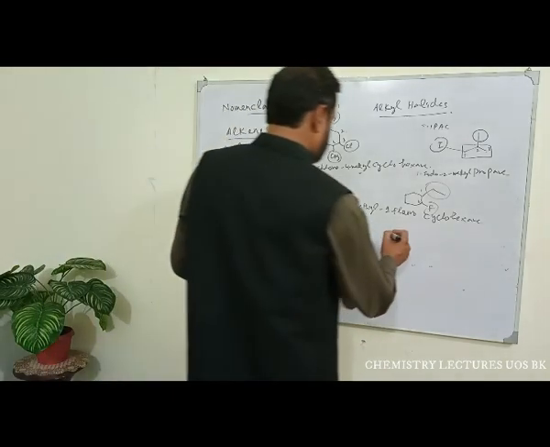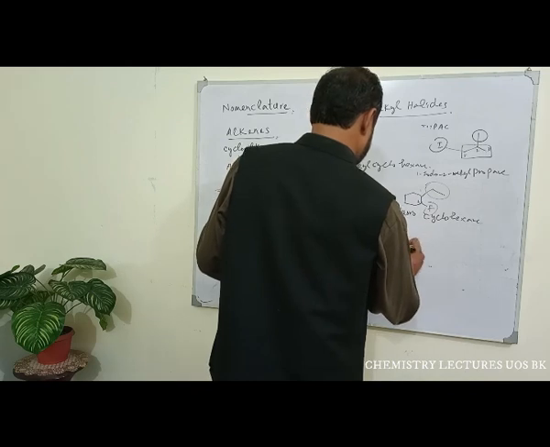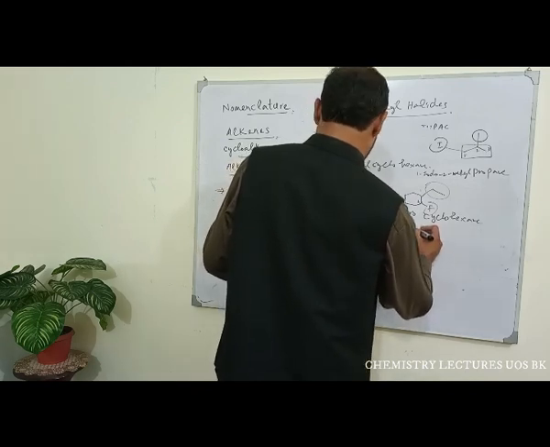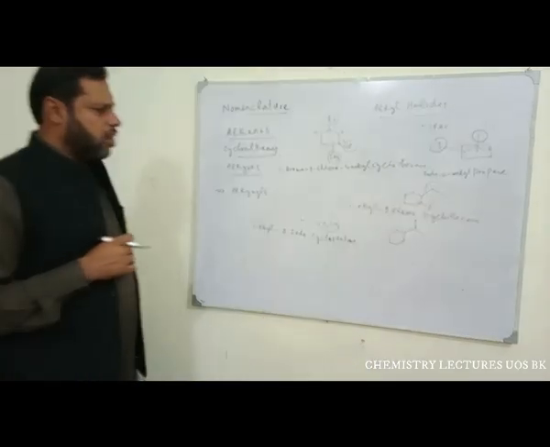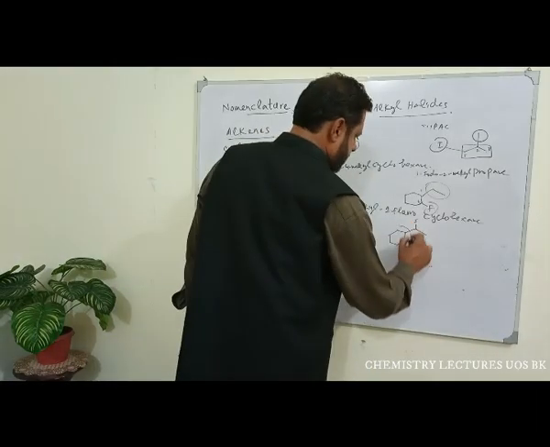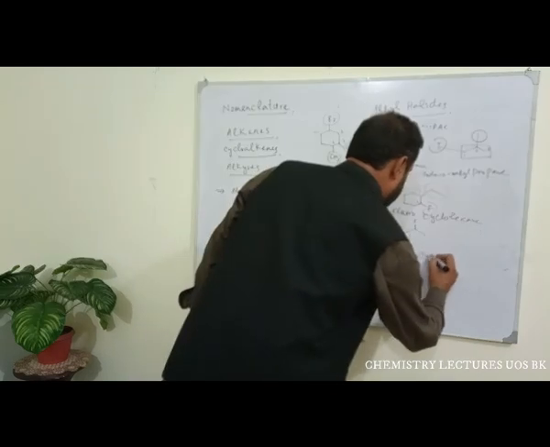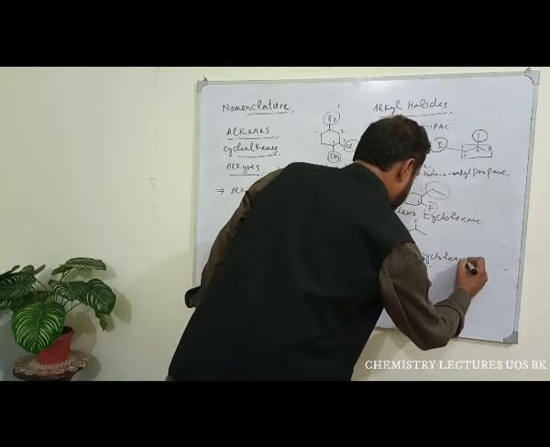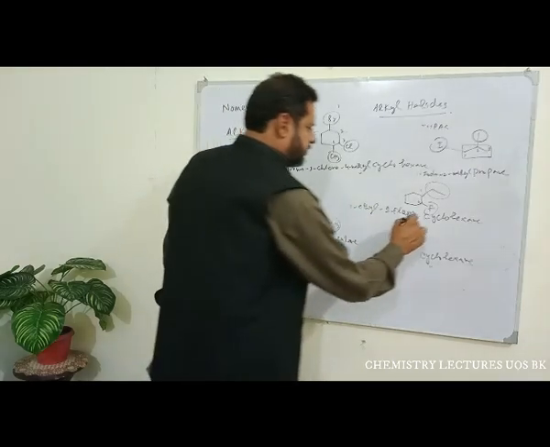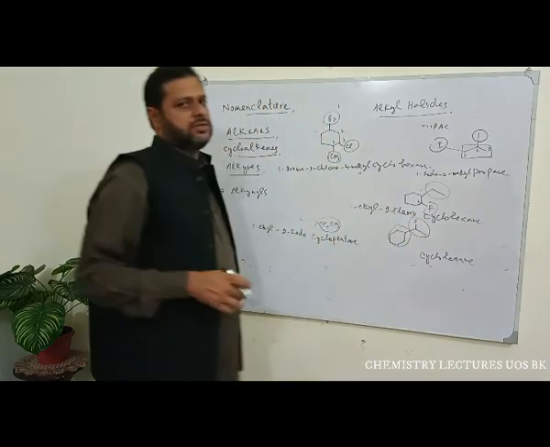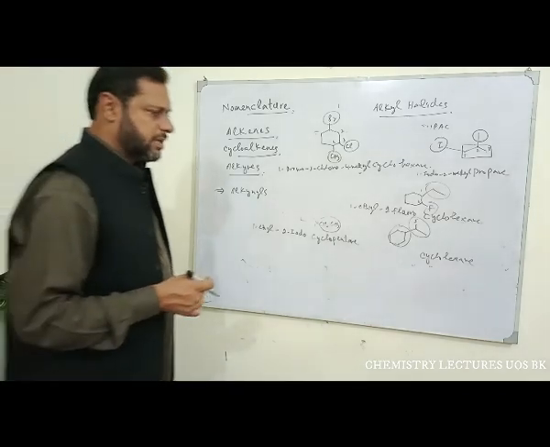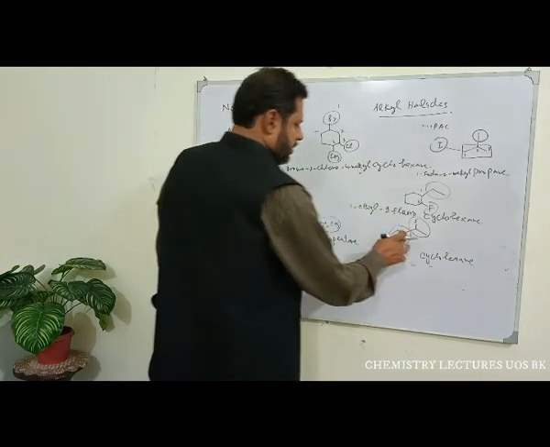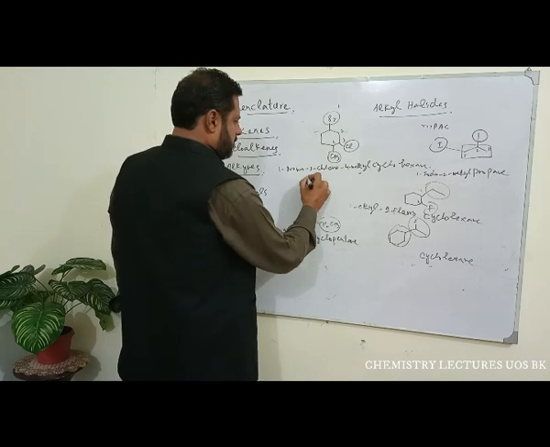And what will be the name of this compound? Now you can see that this is the parent name, cyclohexane. And in this one, the iodine is present on the substituent. Now you have to decide the name of this substituent. So first, remove this one separately and write the name of this one.